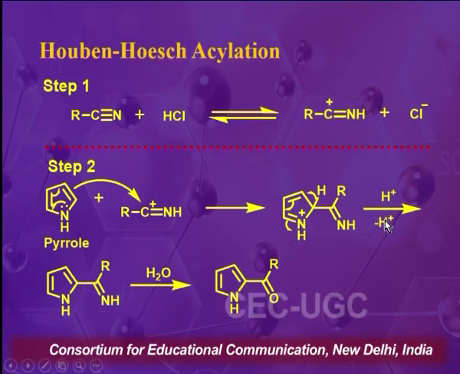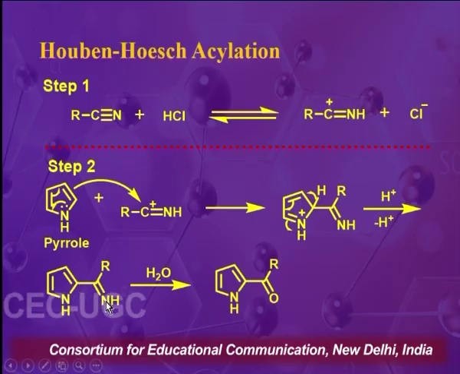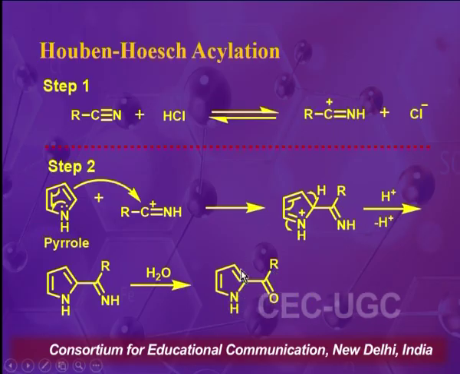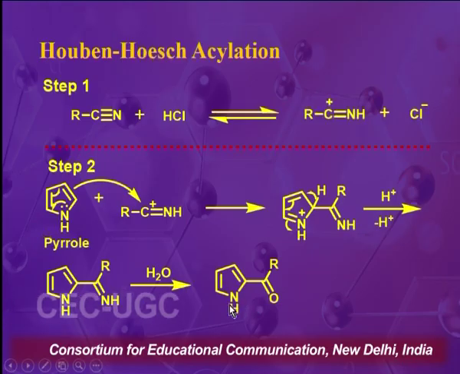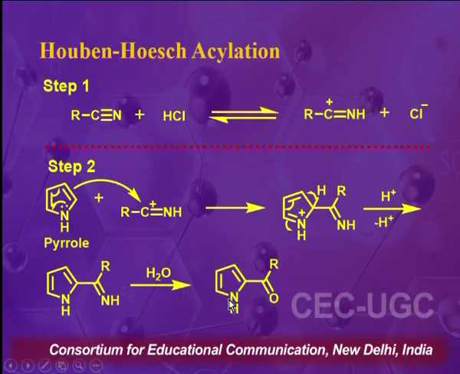Then deprotonation will take place and we get an imine as the intermediate system, and the hydrolysis of the imine will produce the ketone as the final product. In this way we can do an acylation reaction on the pyrrole molecule by using the Houben-Hoesch acylation method.